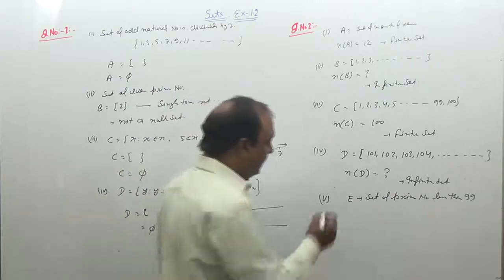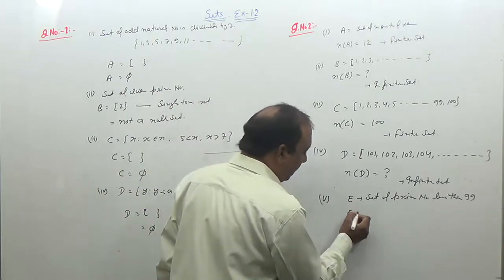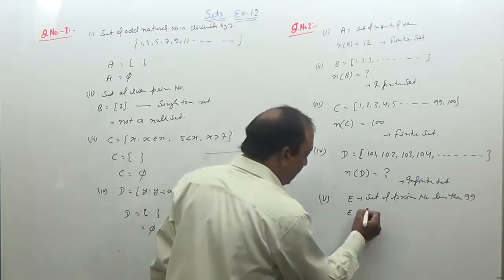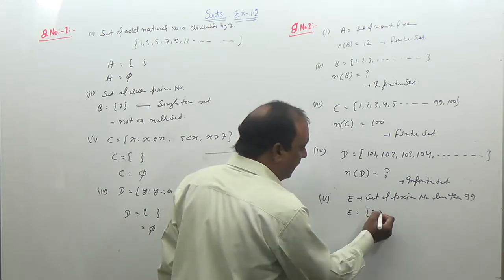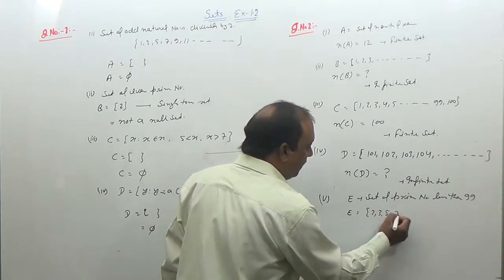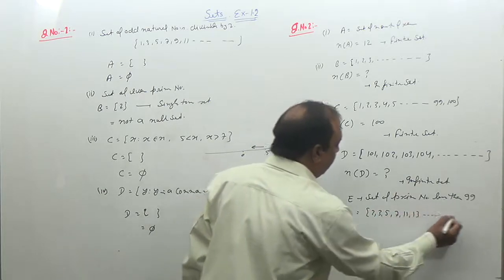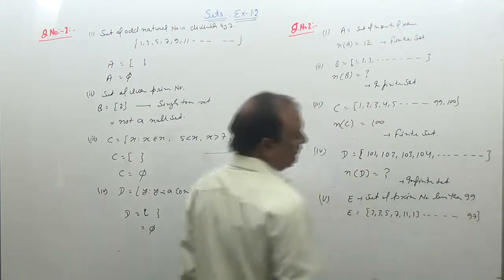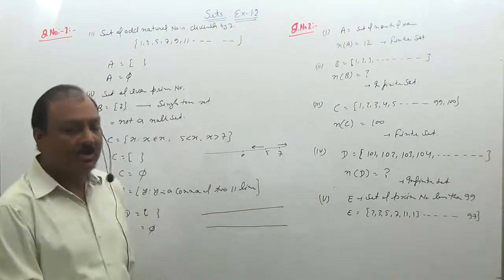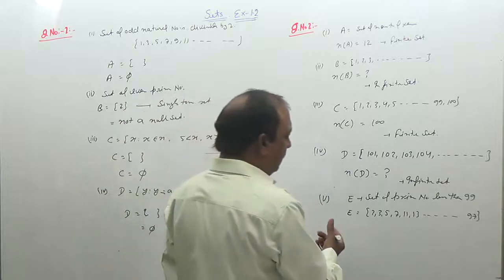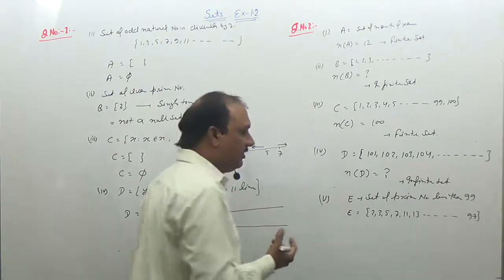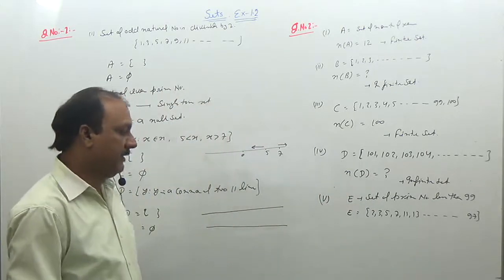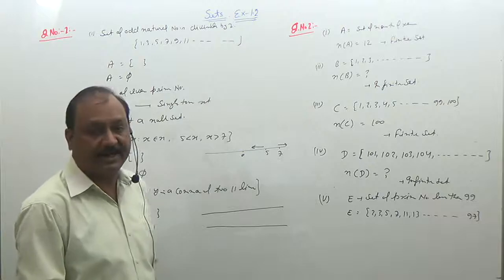So this is a finite set because this set of prime numbers, we can write down the elements of this set: 2, 3, 5, 7, 11, 13 and the last number will be 97. So we can count all the prime numbers which are from 0 to 99.